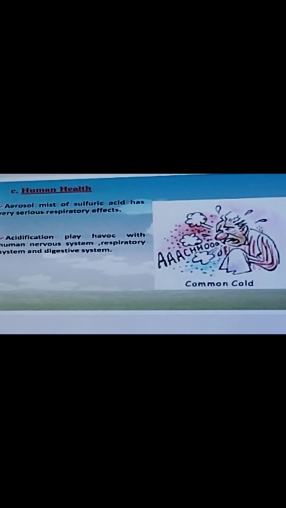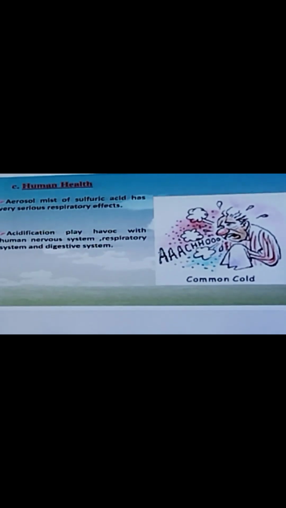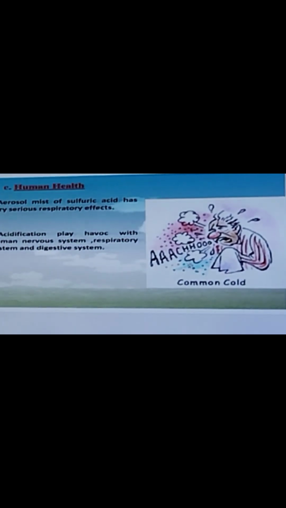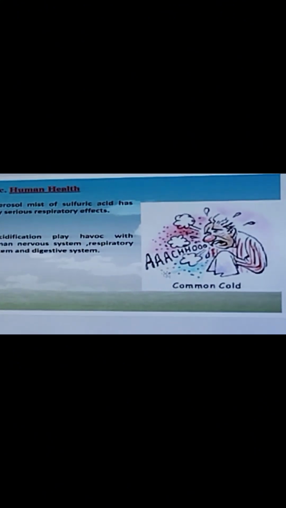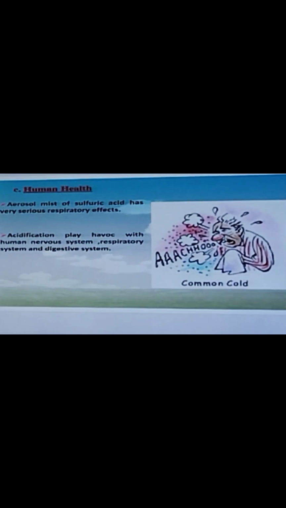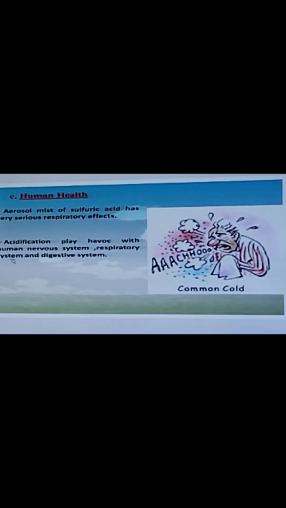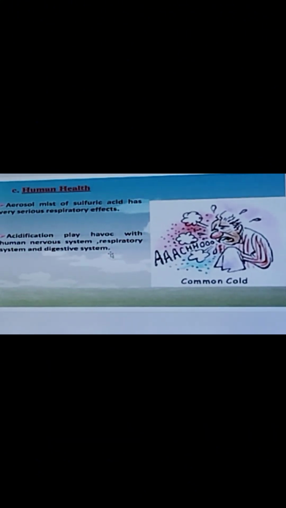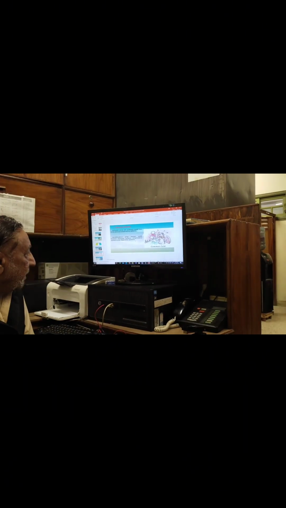You can see how this person is suffering from these respiratory or common cold type symptoms, but they are not from infection, they are from the burning of the lining of the respiratory or upper respiratory tract. Acidification plays havoc with the human nervous system, respiratory system and digestive system. So the respiratory system, digestive system and nervous system are also affected.